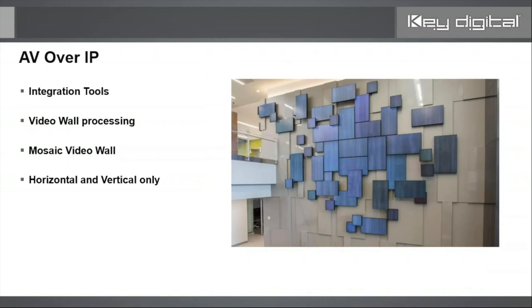Now with Key Digital mosaic video walls, the monitors must be mounted horizontal and vertical only. Our mosaic video wall does not support a diagonal mount of your display. Keep that in mind because some products in the marketplace do support that feature, but not our system currently.